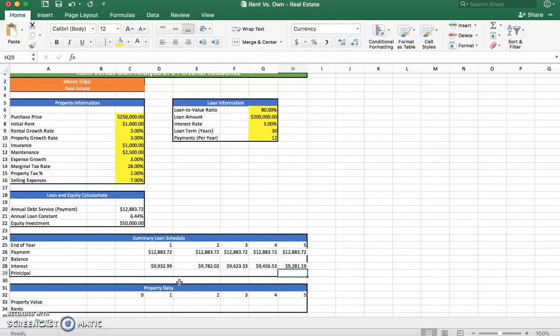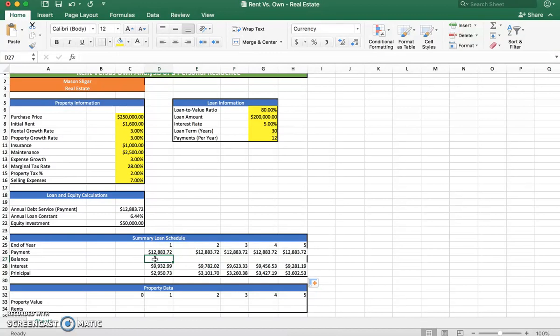Alright, so next we're going to calculate the principal. Principal is just going to be the payment minus interest. All right, so let's do payment minus our interest here. Okay, perfect. So that equation's in there. We should be able to pull that equation all the way across, and it'll do the same thing using data from all of these. All right, next we want to do our balance.